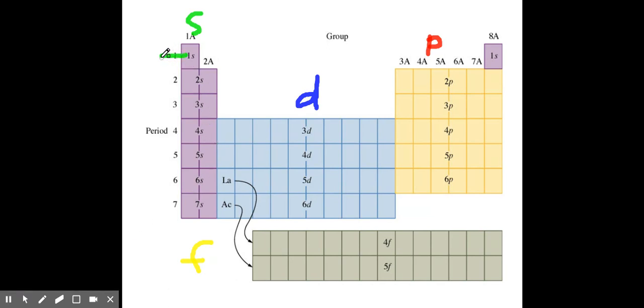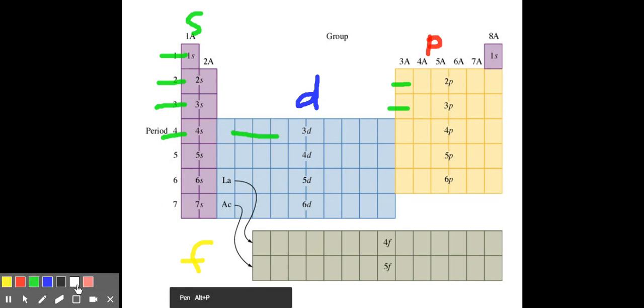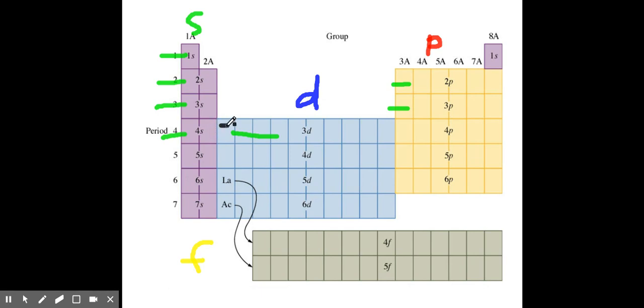So what happens is we start building from the top, and we have 1s, and then we build again from the 2s, and then we come across to the 2p, and then we come across to the 3s, and then we come across to the 3p, and then the 4s, and then 3d. So please remember that right here in this jump, this is the 3d, okay?